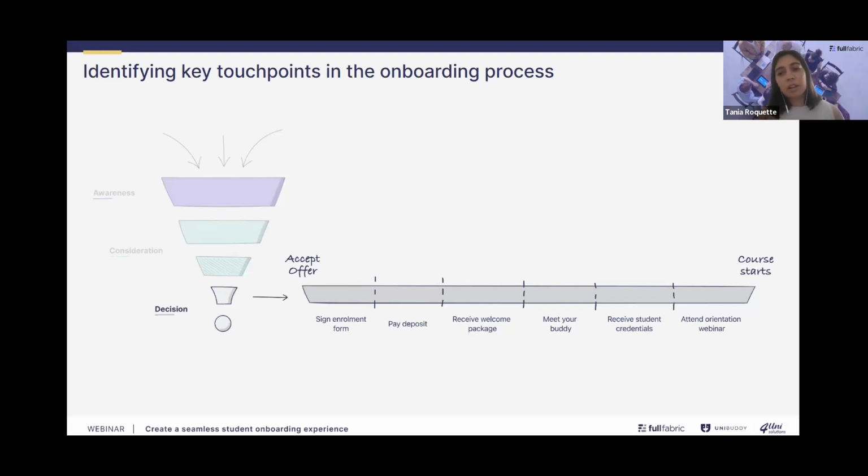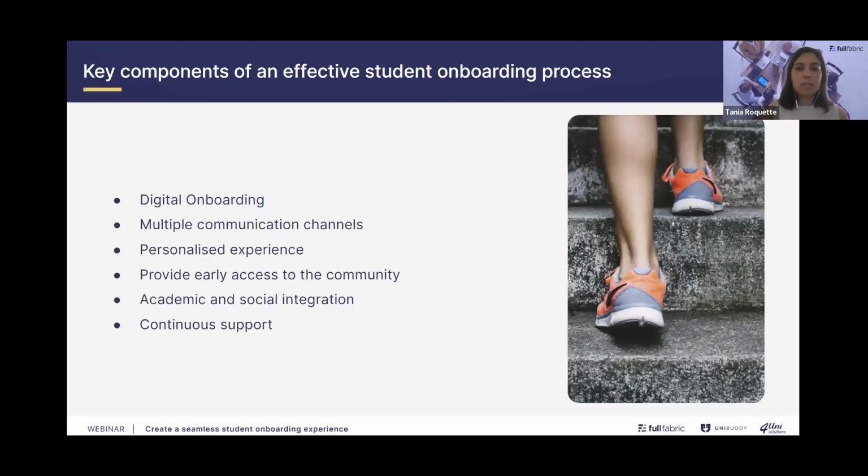Once students start going through this process, you can track how engaged they are in each phase, which phase needs more investment, and recognize signals that show a possibility of withdrawal or dropout. So what makes a student onboarding process effective?